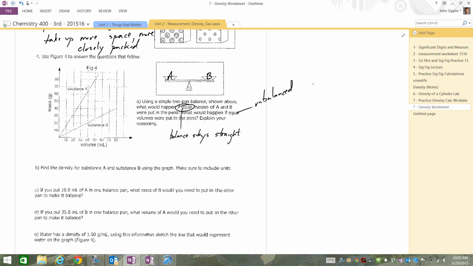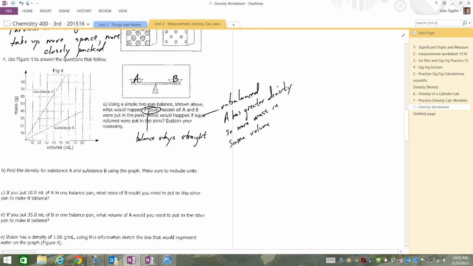And why do you say A? A has greater density. So more mass in same volume. Okay? A will have more mass in that same volume in comparison to B.